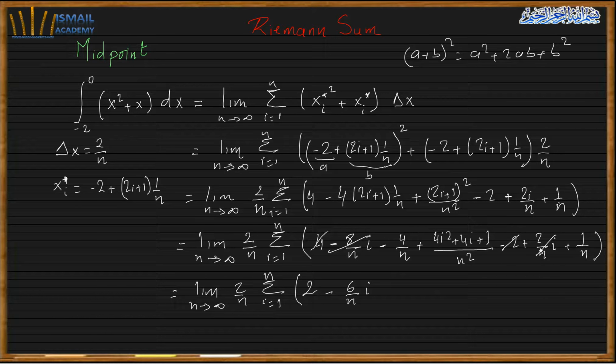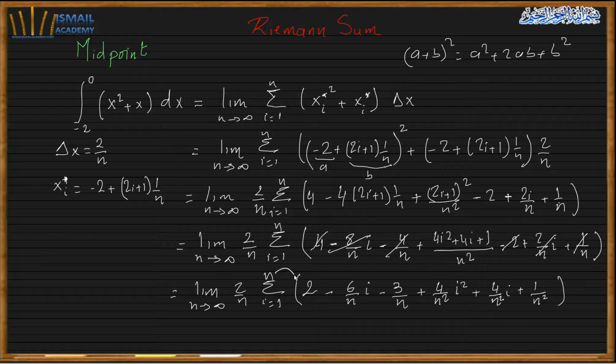This has nothing to do with this because there's no i here, so I have this with this, so it's going to be minus 3 over n, and here I split it out, so it's going to be 4 over n squared i squared plus 4 over n i plus 1 over n squared. So now this is the simplest form I have here.